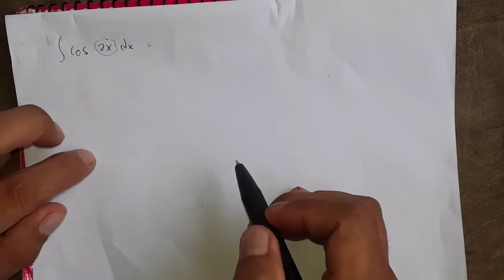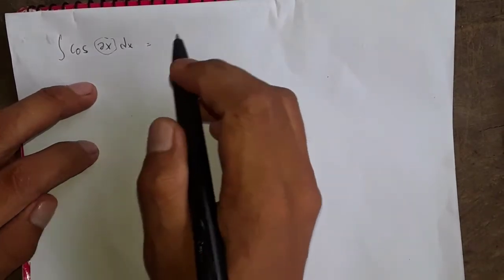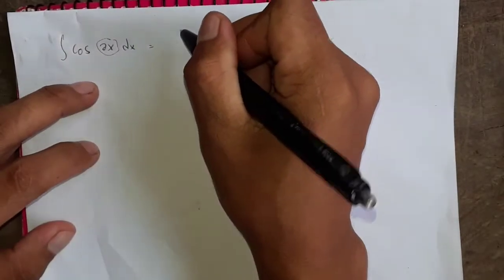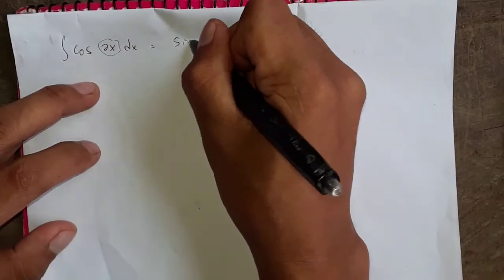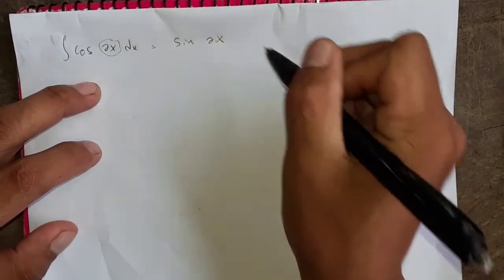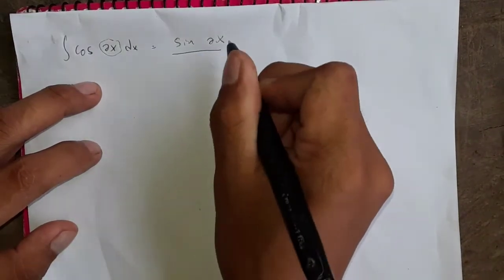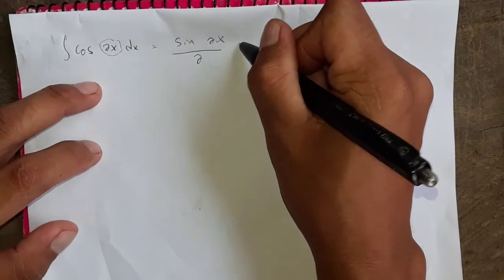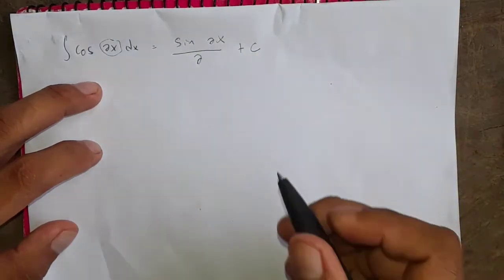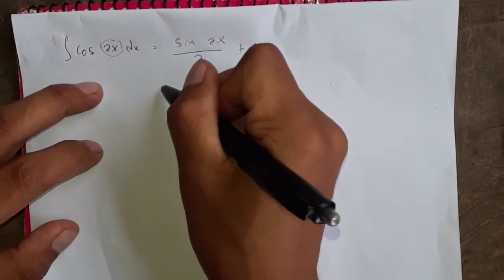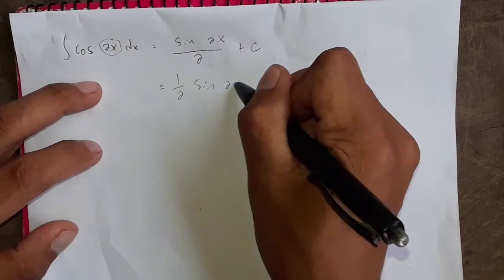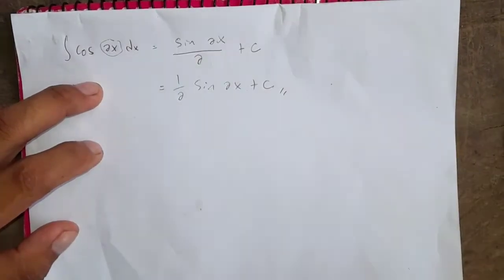So what we're going to do here is first integrate the outside function, cosine, so it becomes sine of 2x. Then divide by the derivative of the inside function, which is 2, then plus an arbitrary constant. So it would be equal to 1/2 of sine of 2x plus an arbitrary constant.